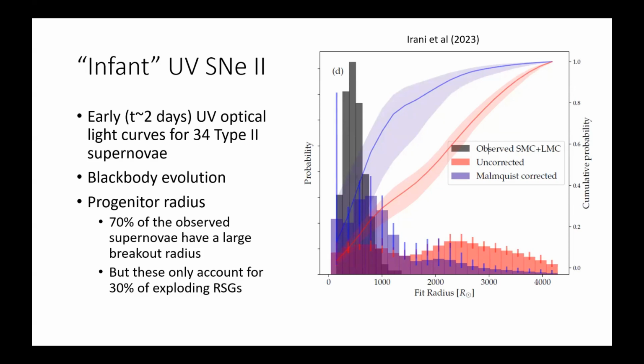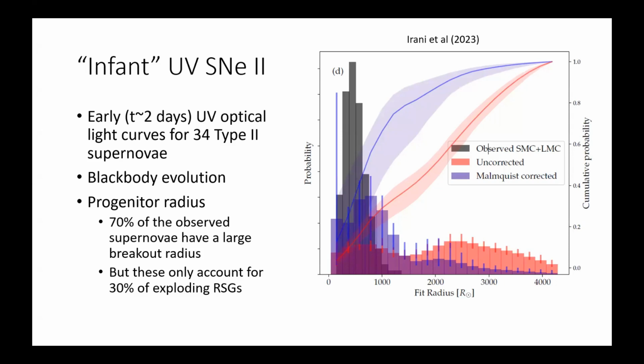So for a large fraction of our observed supernovae, we see that they have very large radii, which is indicative of material that is ejected from the star just before it explodes. However, a lot of this is due to a luminosity bias. These larger breakout radii also give more luminous supernovae.